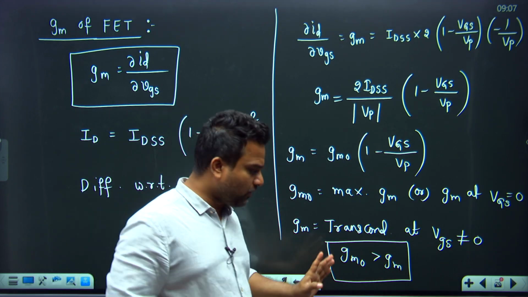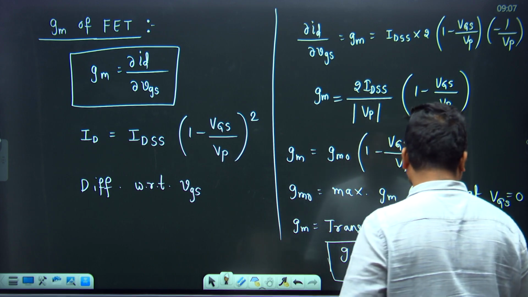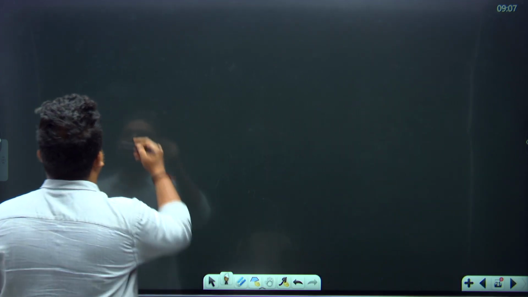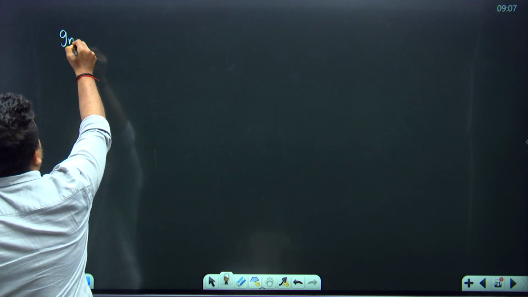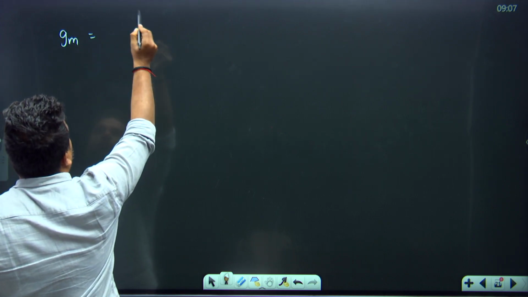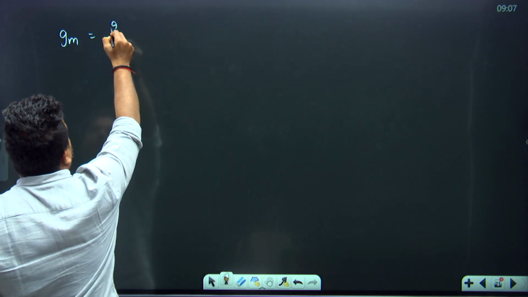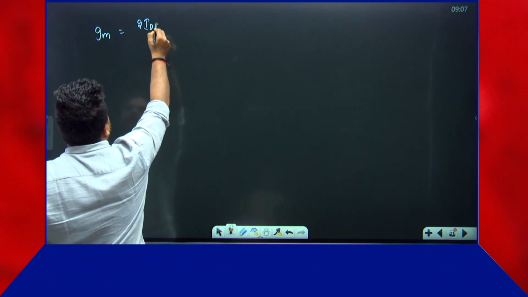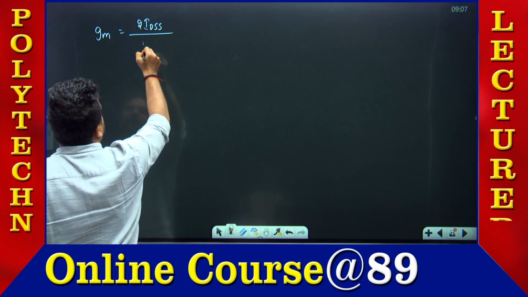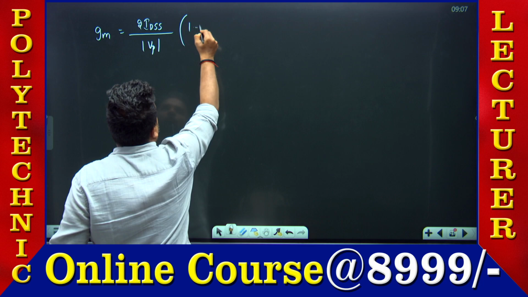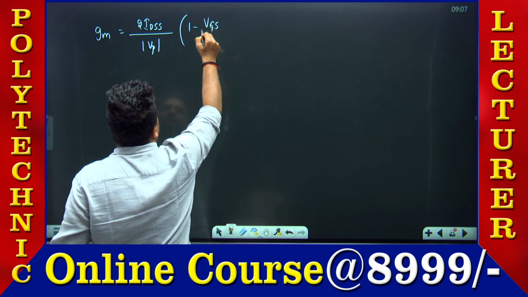Now the point guys, here the same GM can also be expressed in another way. Let me do this. GM is equal to 2 IDSS by mod VP, which is GM naught, into 1 minus VGS by VP.